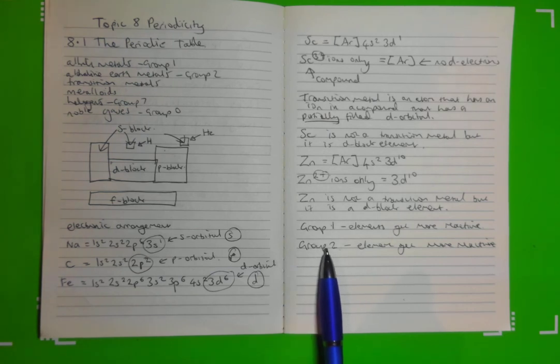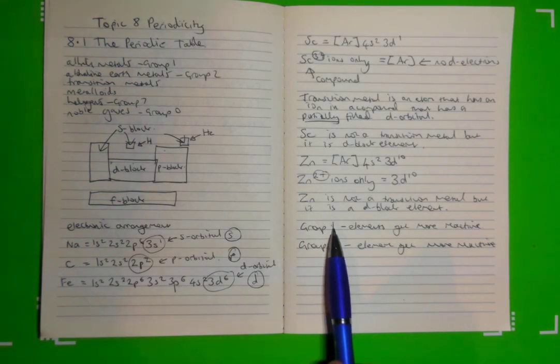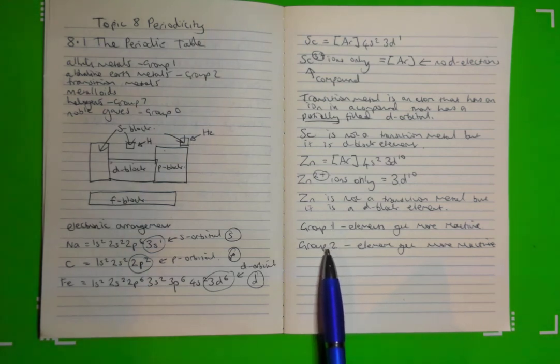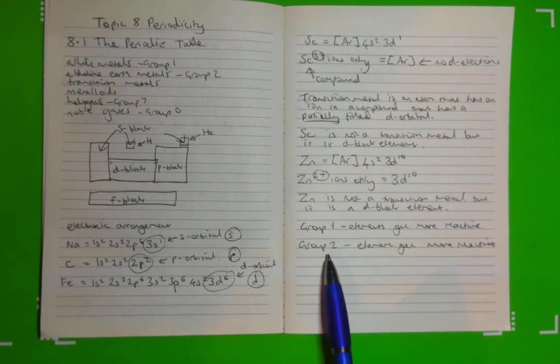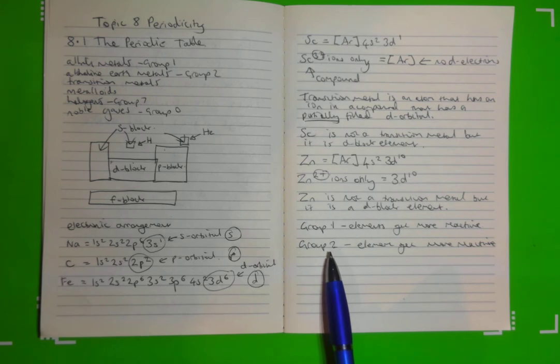But also, if you compare, let's say, sodium, a group 1 element, and magnesium, a group 2 element, in magnesium you not only have to remove 2 electrons as opposed to just 1 in sodium, magnesium's actually got an extra proton. If it's got an extra proton, those electrons that you're trying to remove are going to be attracted more to the nucleus because you've got more of a positive charge in the nucleus, because protons are positive.